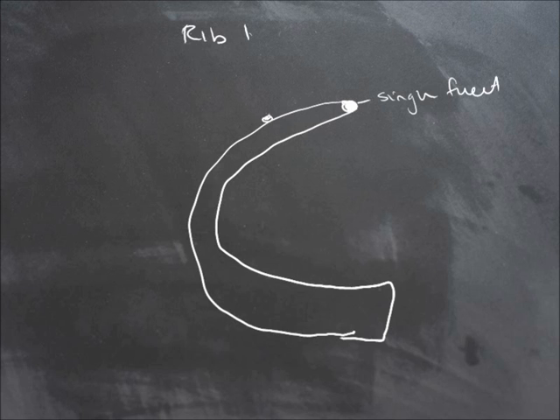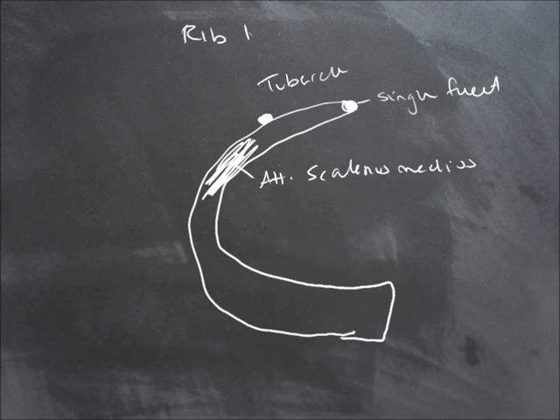Moving down, we have the tubercle. And then keep moving down. Here is that attachment site for scalenus medius. Then we have a groove. This is for the subclavian artery. Then we have an elevation.